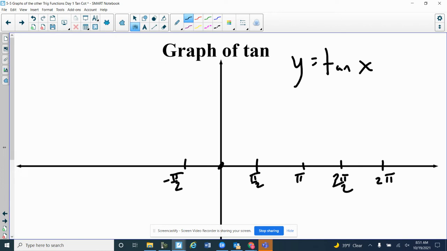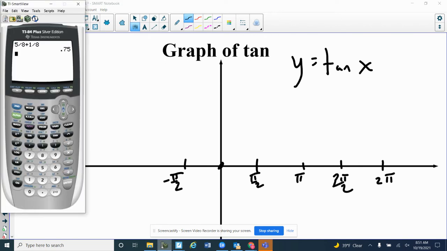Why? Try it. Tangent pi over 2. I got an answer. You didn't get an answer? Why am I getting an answer and you're not? There is a reason. You're the right one.